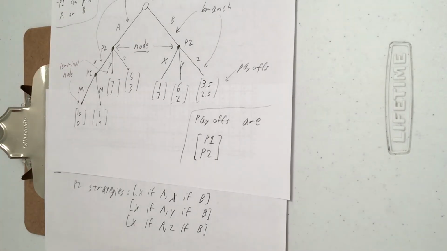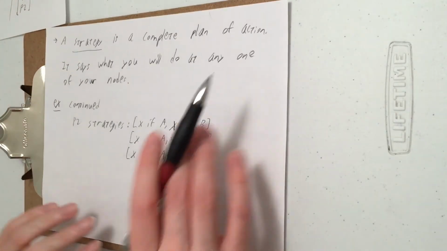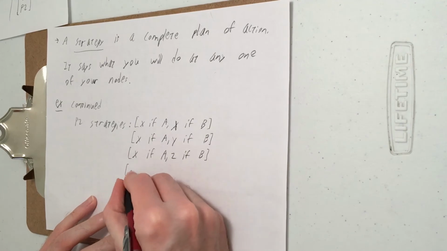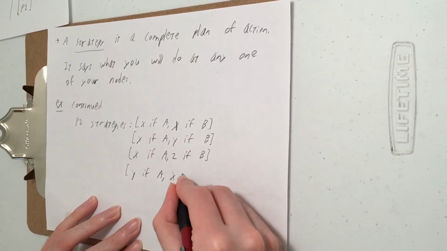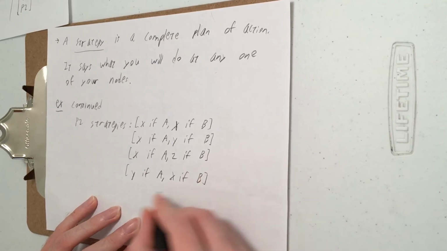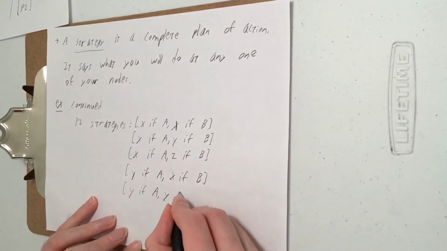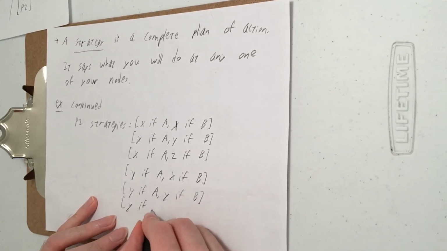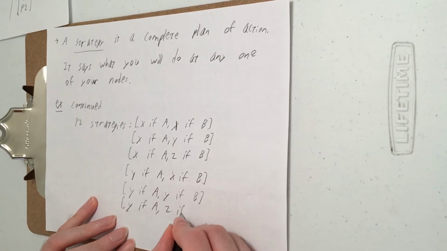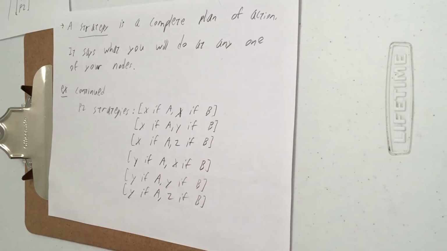So you can do these 3 over here, but you can also do Y if A and X if B, Y if A, Y if B, Y if A, Z if B, and you have 3 more.